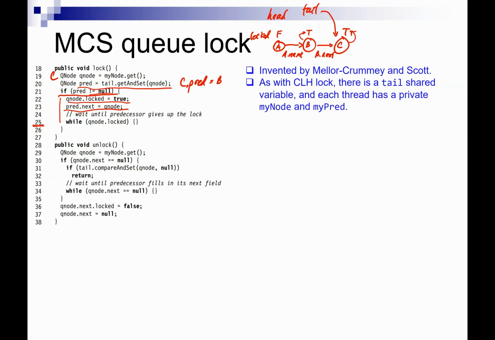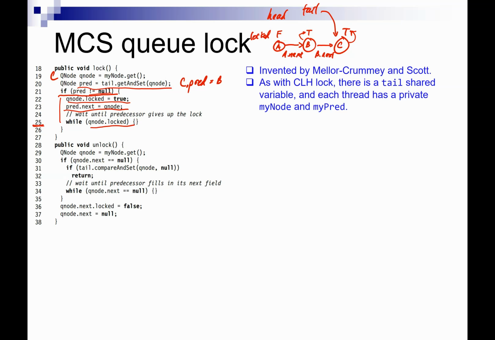The dequeue procedure is something like, so now what you want to have happen is, suppose A has finished, right? So A is currently in the critical section, it's finished. So then what A wants to do is free up B. Now why is B not free? Because right now B is reading his own locked, and it's true.